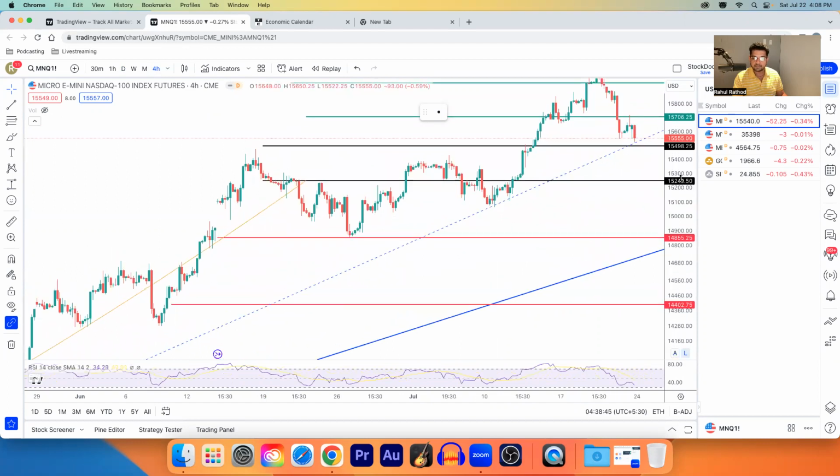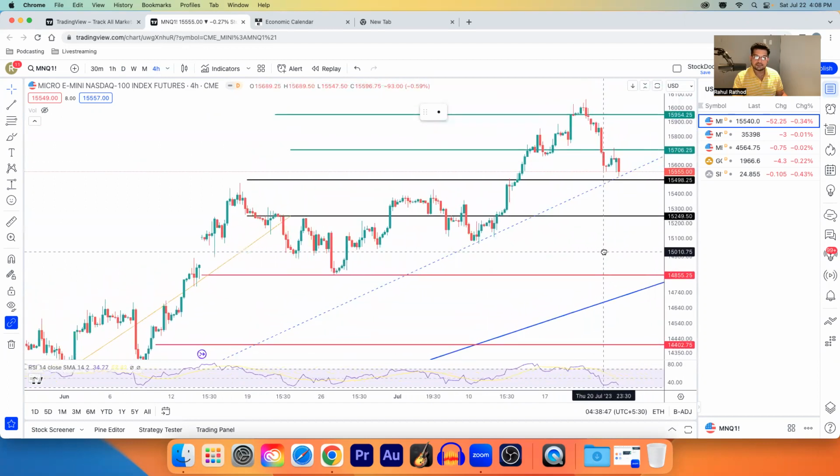Okay, right. So as I said last month, we discussed the top levels, and these are the levels which got achieved. I mentioned 15,000 and 16,000. I mentioned that if it crosses above 15,500, then 15,700 and 15,900 or 16,000 is possible. And you see, it exactly happened.